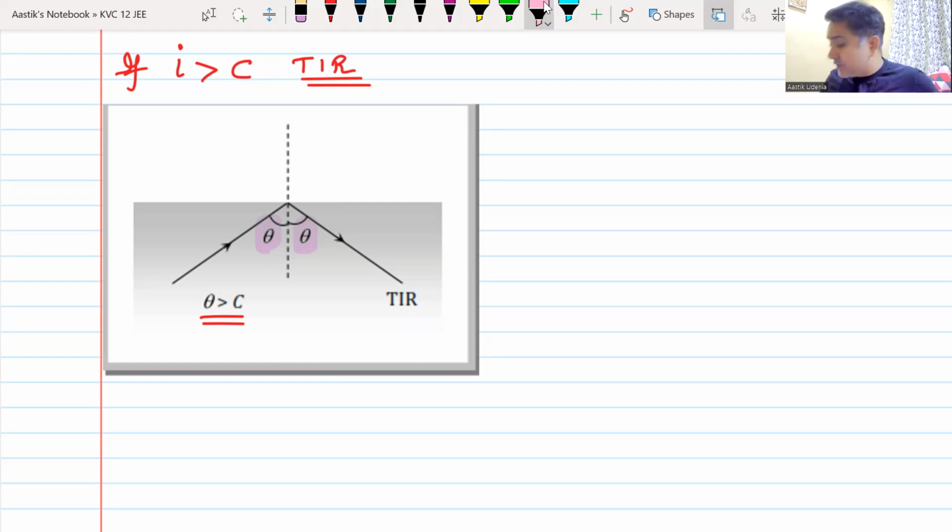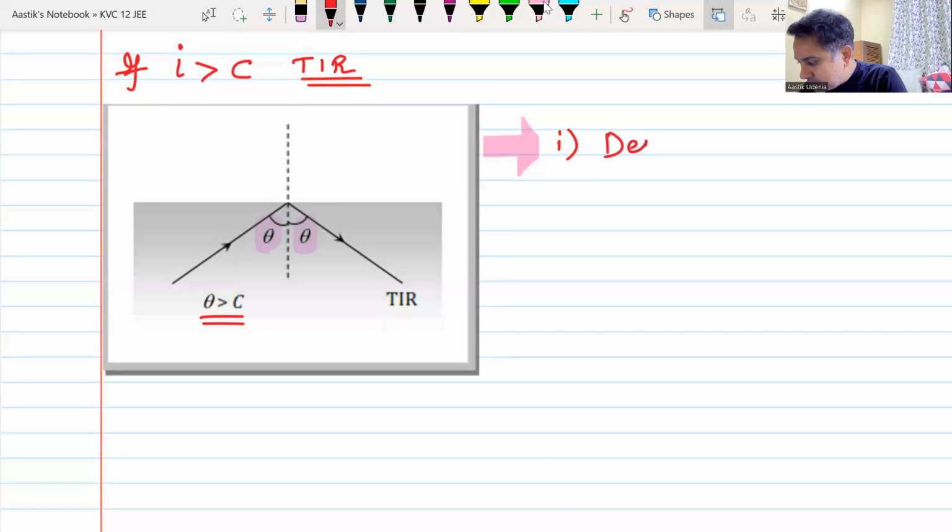What are the 2 points that you must remember about TIR? Point number 1: the incident ray must travel from denser to rarer. It cannot happen the other way around.